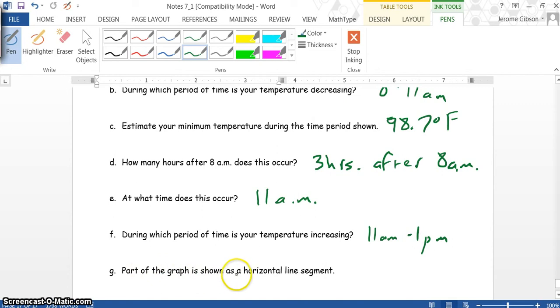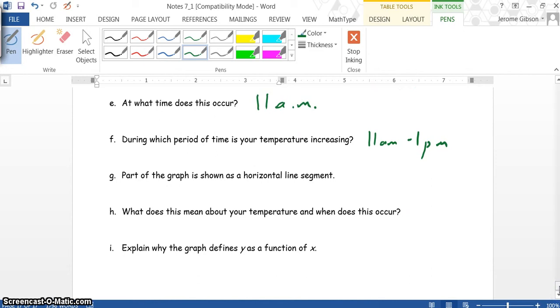It says part of the graph is shown as a horizontal line segment. Okay, it says a horizontal line segment. That is true. It says, what does this mean about your temperature and when does this occur? That means that your temperature became stable.